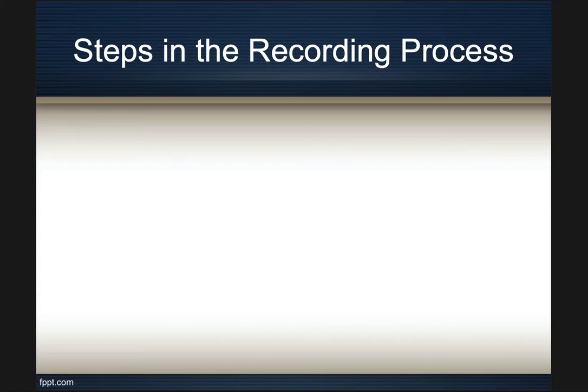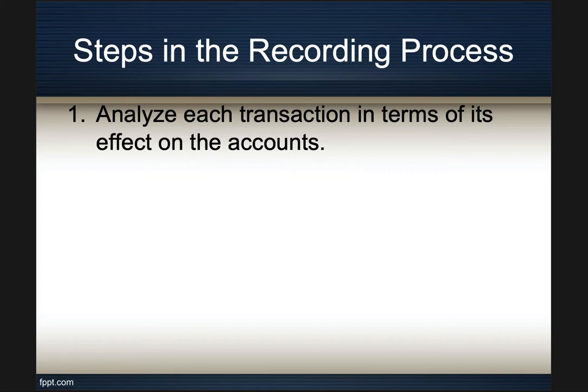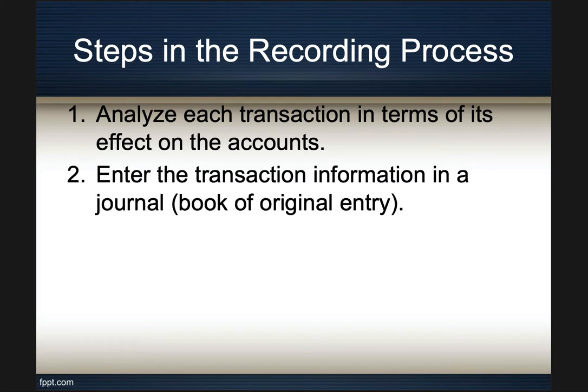Okay, so here in these steps in the recording process, first we have to analyze each transaction in terms of its effect on the account. So we have already analyzed that in our previous examples, right? After that, you have to enter the transaction information in a journal. Now, what is this journal?